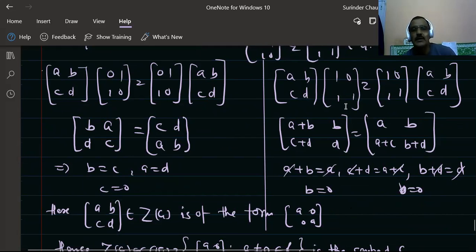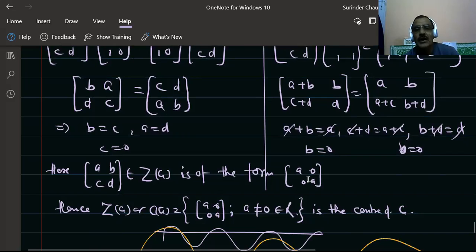When we generalize both the sets, we find that C is equal to 0, B is equal to 0, and A comes out equal to D. So the form this element takes if it belongs to Z(G) is A 0 0 A. Hence Z(G) is the set of elements whose diagonal elements are equal and non-zero real numbers, and non-diagonal elements are 0.